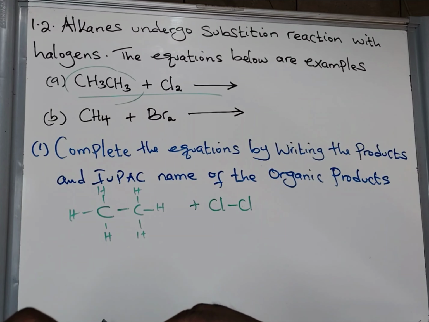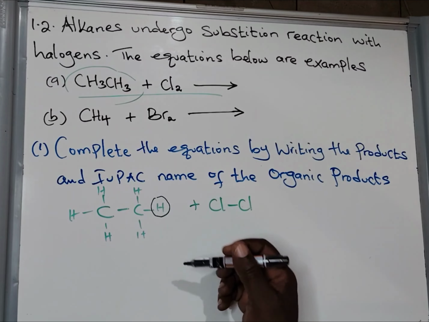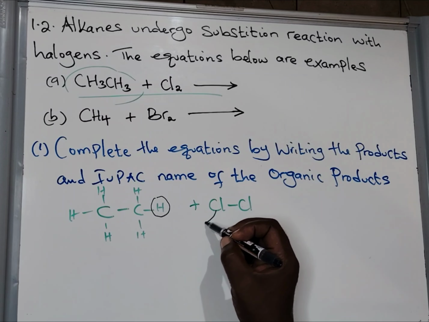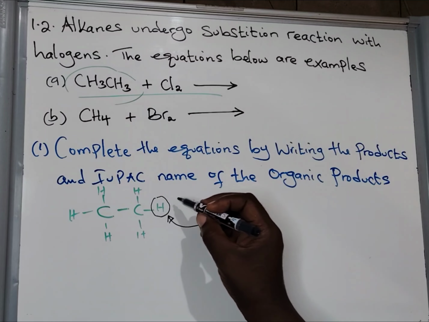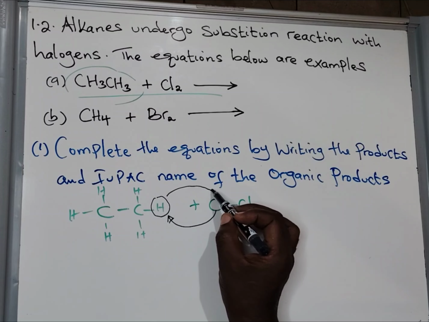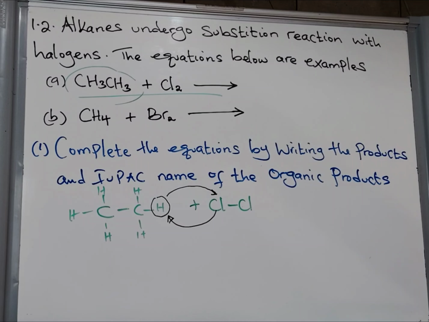Remember, chlorine gas consists of diatomic molecules. So what happens here is that this hydrogen, I'm using this one, but it can be any other, its position is taken up by this chlorine atom, and this hydrogen takes its place. So there's some kind of exchange.